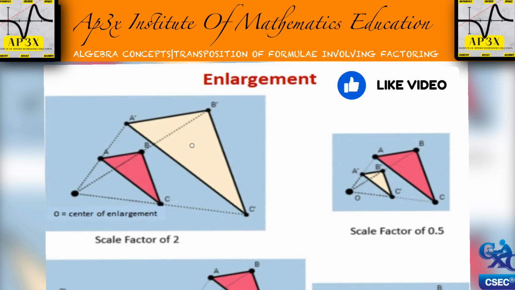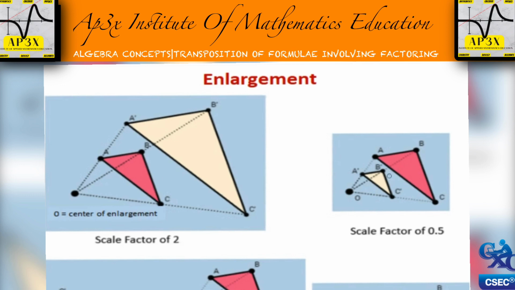That means the peach shaded triangle here is twice the size, right? Twice the size in terms of length, and it's going to probably be 4 times the area. We're going to talk about that comparison between the area of an enlarged image compared to that of an object in part 2.